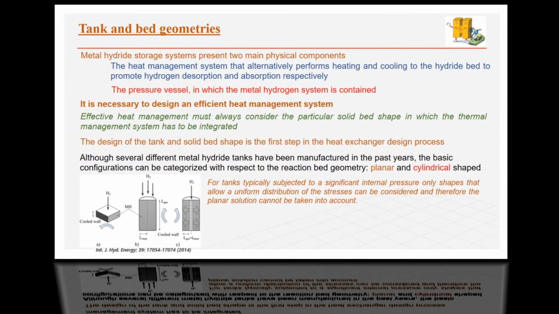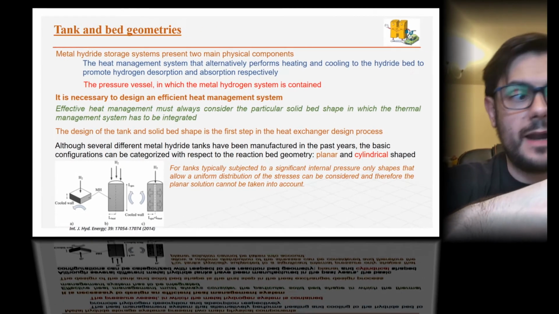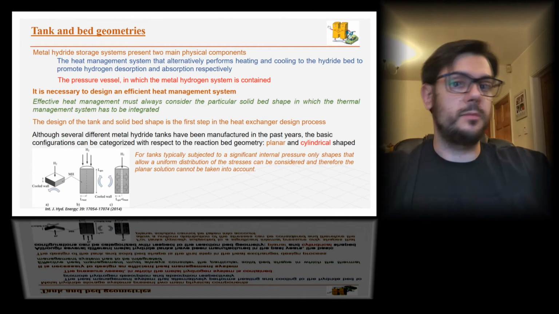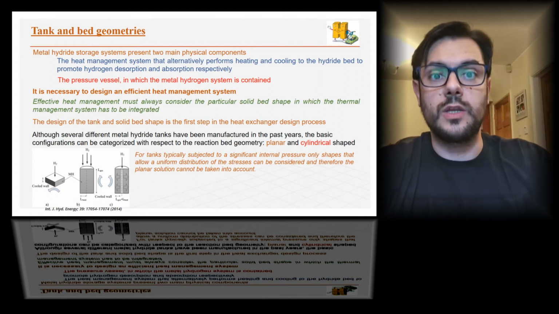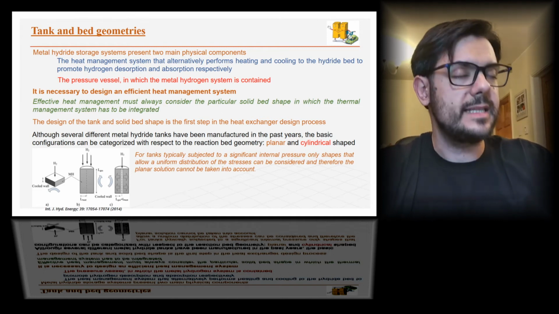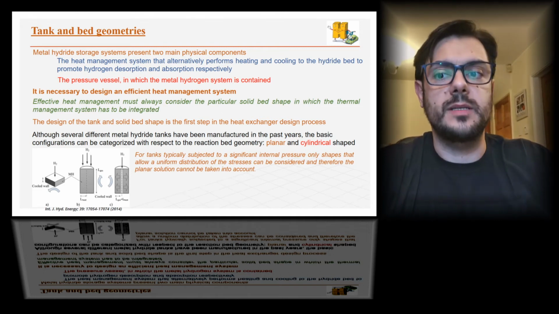Among the geometries that we're using for solid-state hydrogen storage, there are two main configurations that have been promoted and tested: the planar and the cylindrical shape. The planar is nothing more than a rectangular one, and planar geometries are mostly used for stationary hydrogen storage applications.